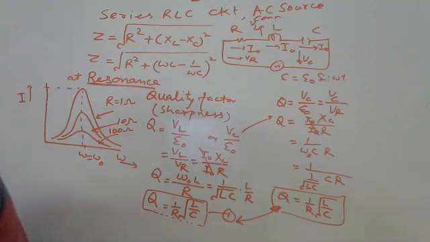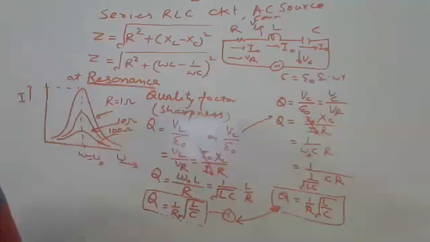Any doubt up to this? Have you noted down? This is very important information I am giving you. Please note down this also. Normally in books you cannot find such information because this topic is practically related to mobile and TV: how you can select the particular channel or frequency, and how you can reject a particular channel or frequency.